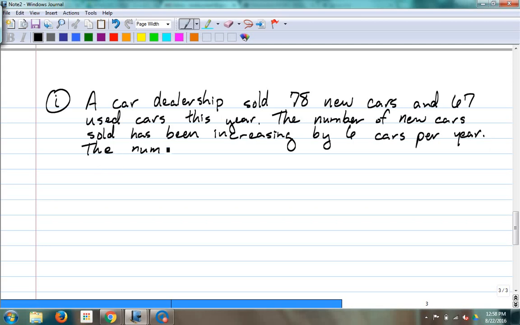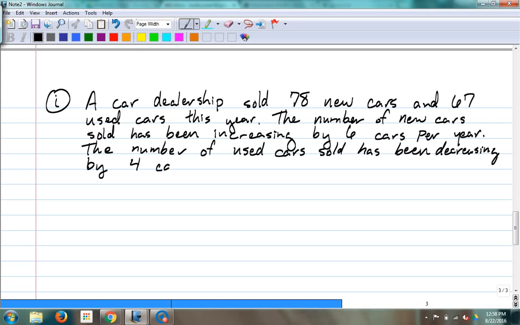The number of used cars sold has been, handwriting got bad there, decreasing by 4 cars each year.